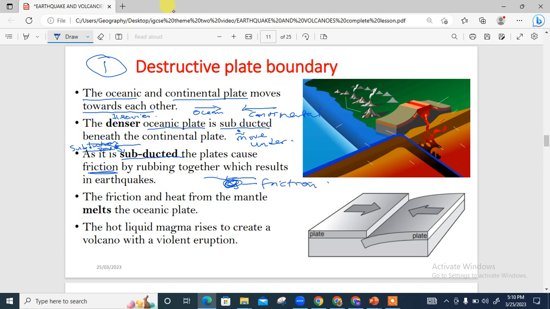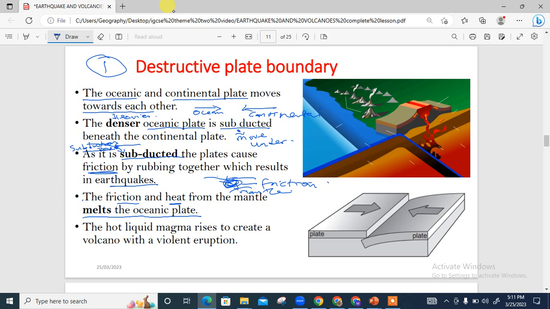As it is subducted, the plate causes friction by rubbing together, which results in an earthquake. Because of that friction, it leads to the buildup of pressure, and once the pressure is released, an earthquake can be formed. As it moves under, the friction and the heat from the mantle, because it is going under the continental plate and meeting the mantle that is also very hot, will melt the oceanic plate.